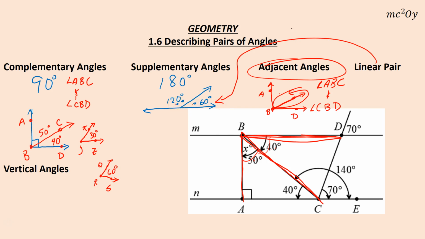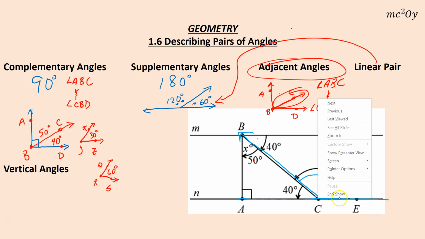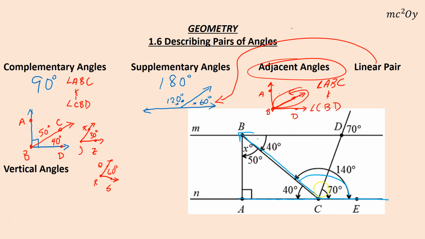If I look at this diagram, I could also see some supplementary angles, or a linear pair of angles, right here. So here's my straight line, ACE, and then when I look at this extra ray BC coming out of there, I could identify angle BCE, so this angle right here, and this angle right here, ACB.